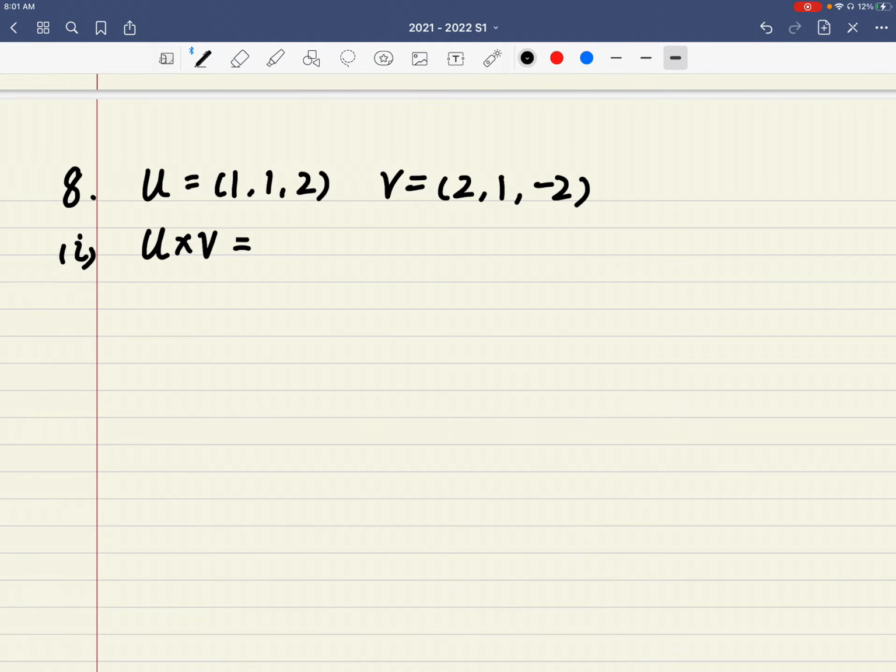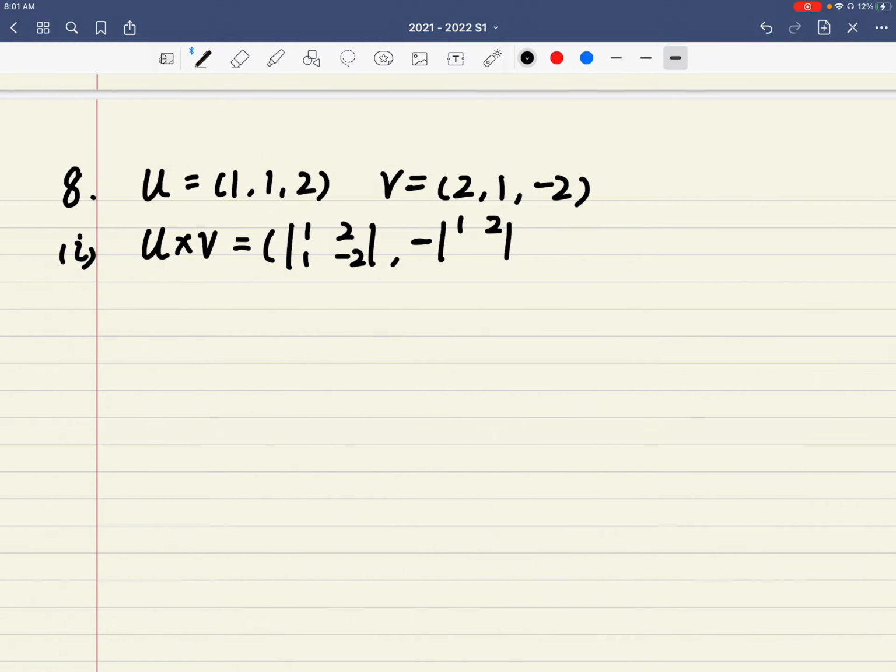To get the cross product for the first component, we temporarily remove the first components. Then put the remaining parts together and calculate its determinant. For the second component, we put a negative sign in front and again temporarily remove the second components.